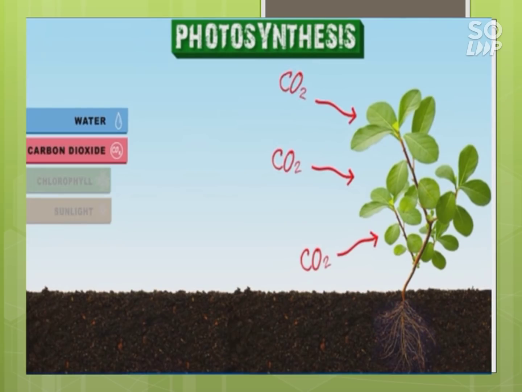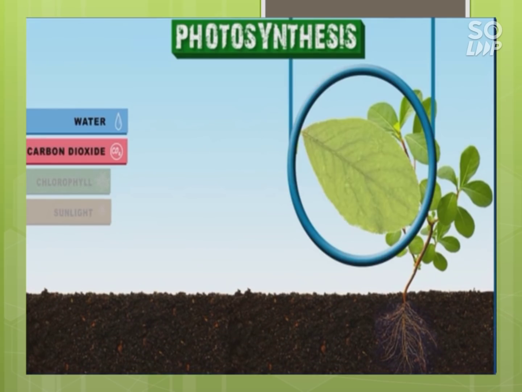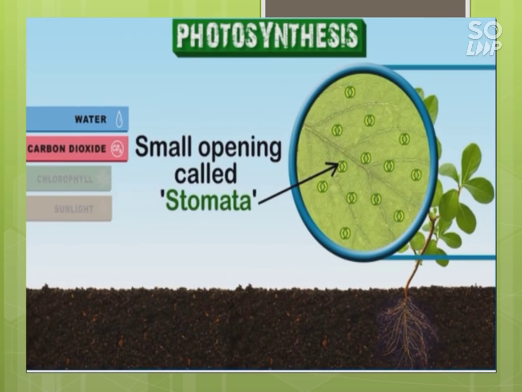Now, let us see the second material, that is carbon dioxide. Plants need carbon dioxide which it takes in from the air. But how does it do so? The lower surface of the leaf has small openings, or pores, on it.